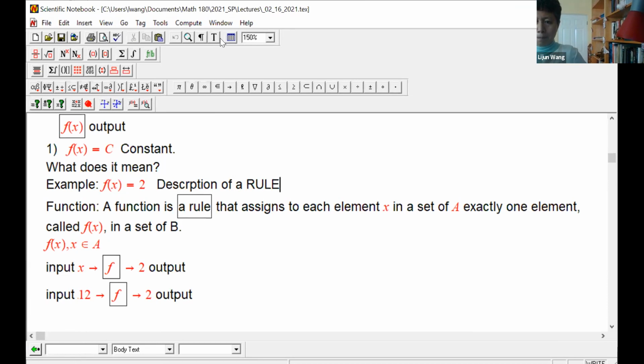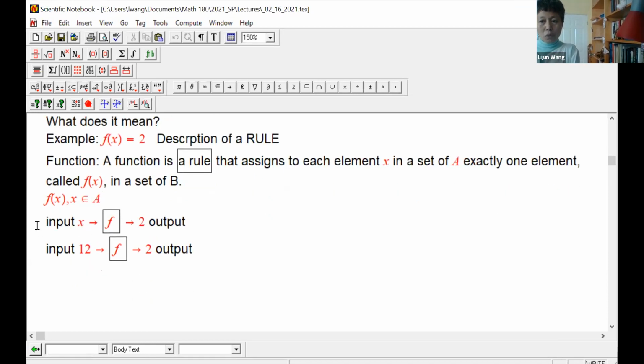Do you guys get it? Then if this is the rule, what are the numbers that are fitting to be the input? It can be any number, right? That's right. It can be any number. And there we go. We got the domain.